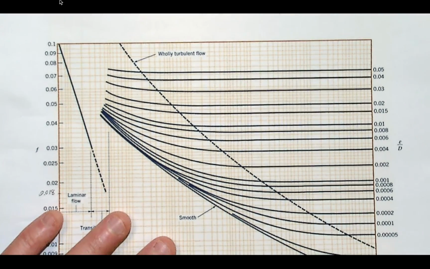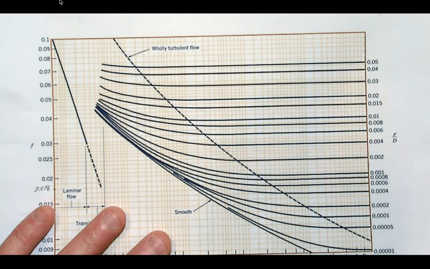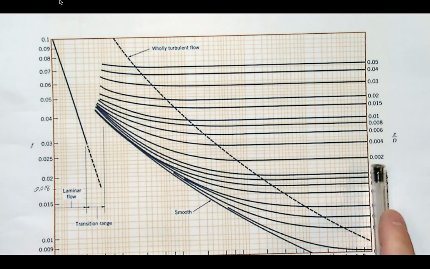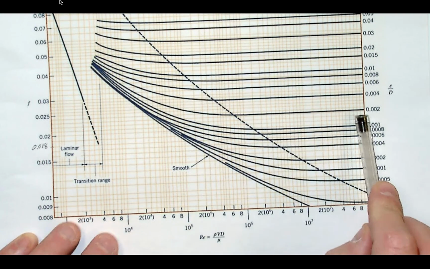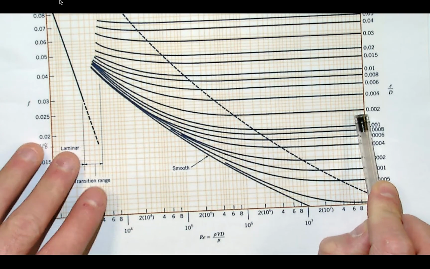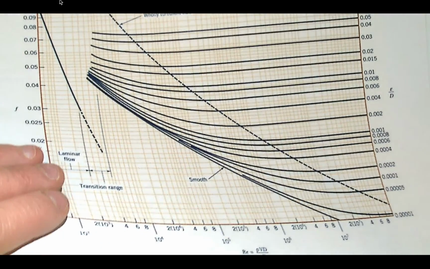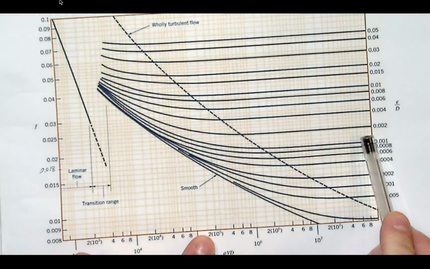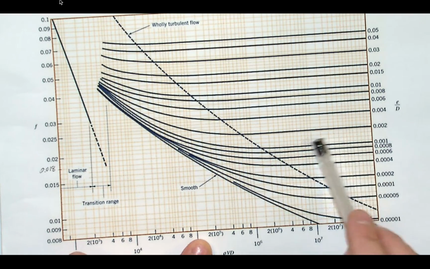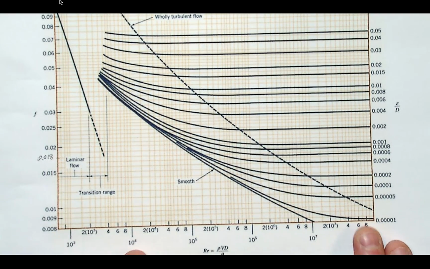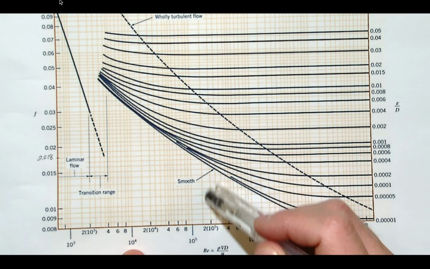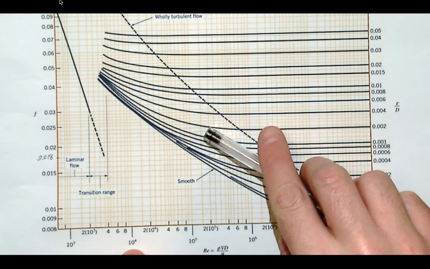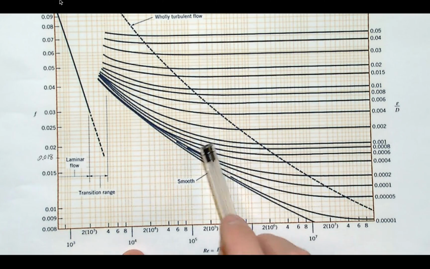So a roughness curve of about 0.0019 is going to be really close to this 0.002. We are then on this curve here, looking where that intersects with about 1.9 times 10 to the 5. So a little bit before 2 times 10 to the 5. The intersection of these two occurs right about there, which is right about at that line.